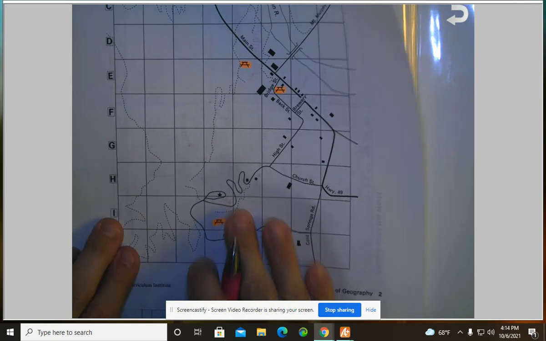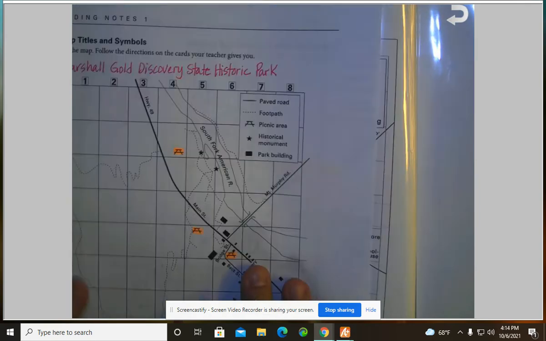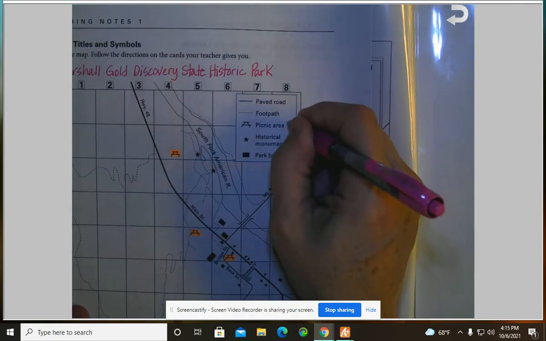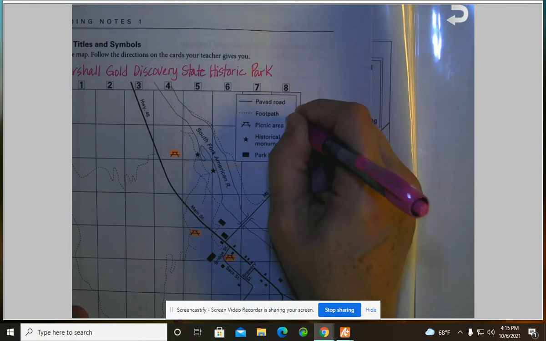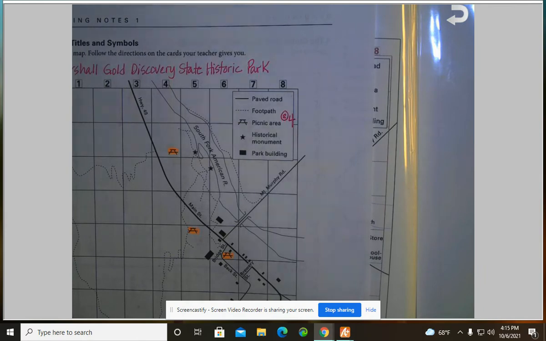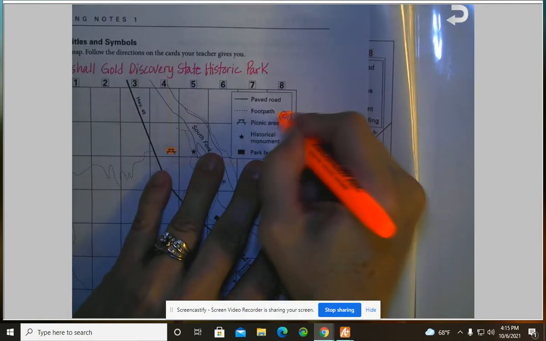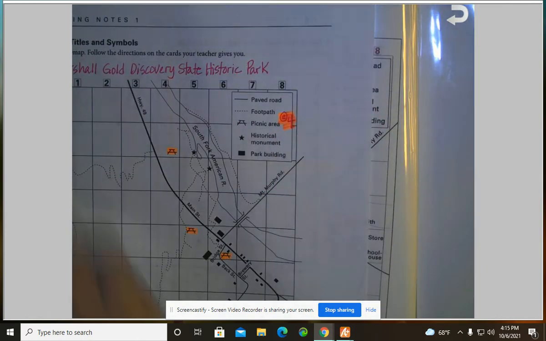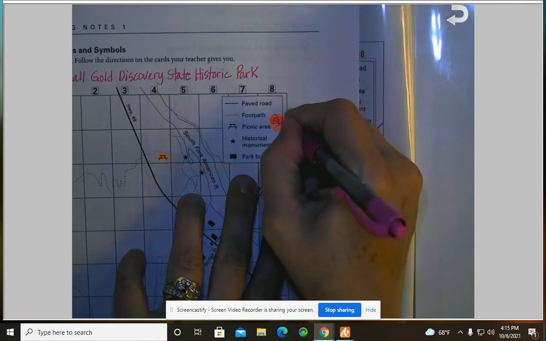Write your answer near the map legend. So we're going to put next to picnic area, number 2 circled with a 4. And I'm going to highlight that to go with what we did on the map.